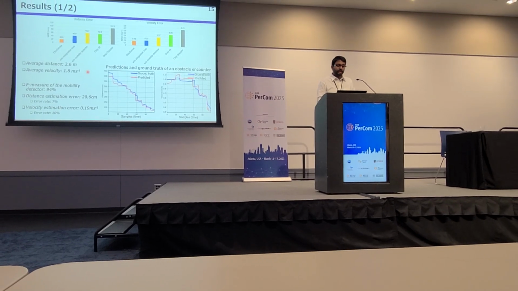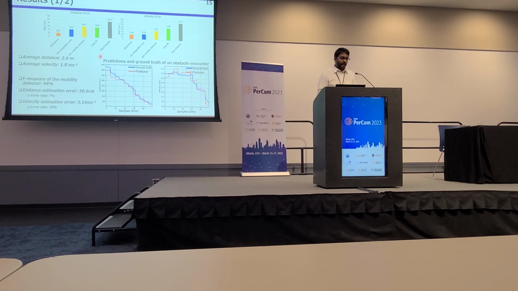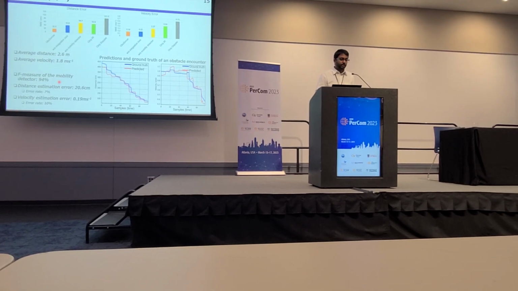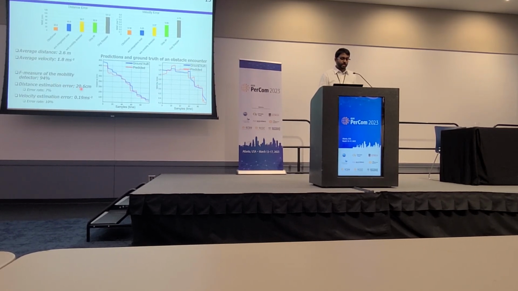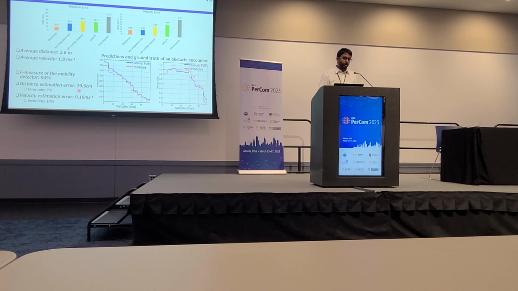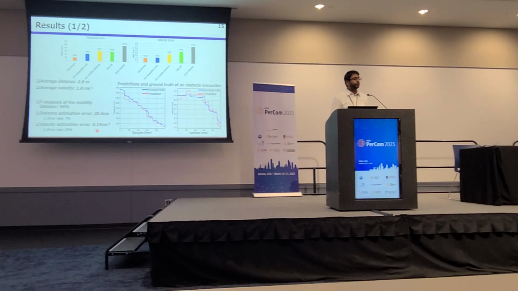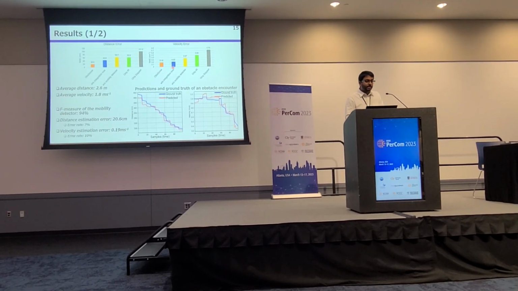Here you can see the results of the ObSense method. The F-measure of the mobility detector was 94%, the distance estimation error was 20.6 centimeters, and the velocity estimation error was 0.19 meters per second, lowest among the comparative methods.